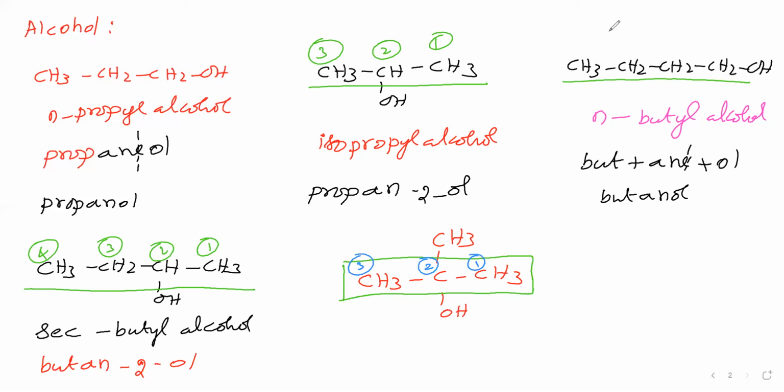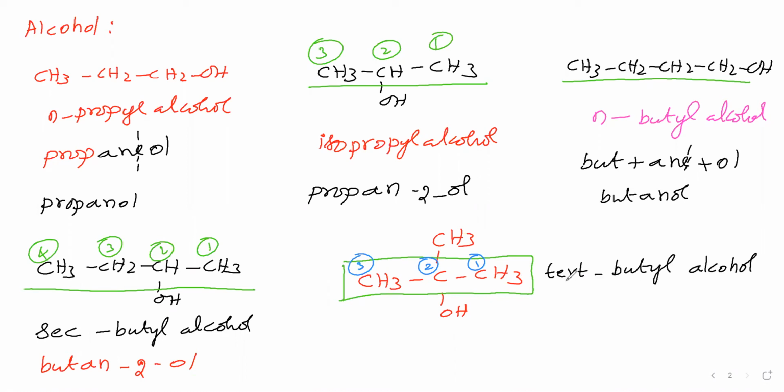Now for the common name, the OH group is present at a tertiary carbon because this carbon is directly linked to 3 other carbons. Therefore, it is called a tertiary carbon. Since the alcohol is present at a tertiary carbon, it is called a tertiary alcohol. Here 4 carbons are present, therefore butyl. So we say tertiary butyl alcohol.